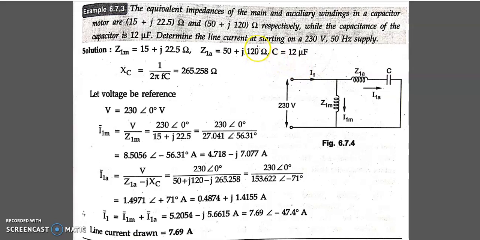But since they have asked for the line current value, it will be correct if I convert to polar form, because polar form gives the actual magnitude. 5.2054 is not the magnitude. So when I convert, I get 7.69 at an angle minus 47.4 ampere. You can ignore this angle and just write the line current drawn as 7.69 ampere, or I1 is equal to 7.69 ampere.